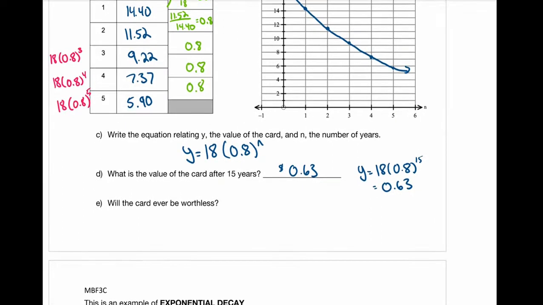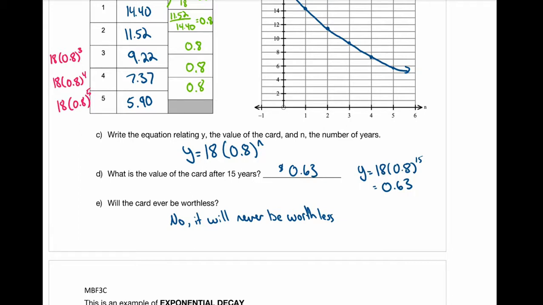Will the card ever be worthless? Will it ever be worth 0? If you think about it, can I put this to the power of anything and get 0? And the answer is no. So it will never be worthless. The reason is that the only way I can get 0 is if whatever I multiply 18 by has to be 0.